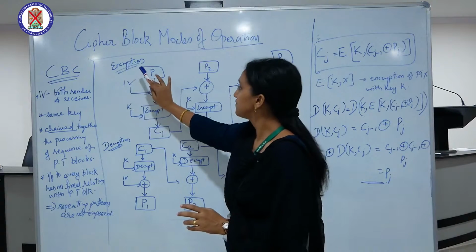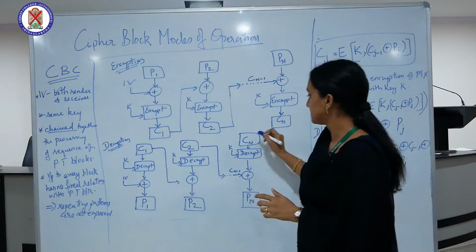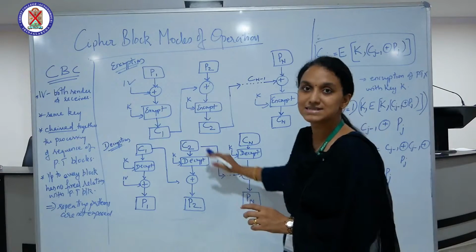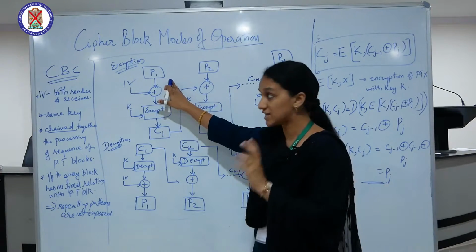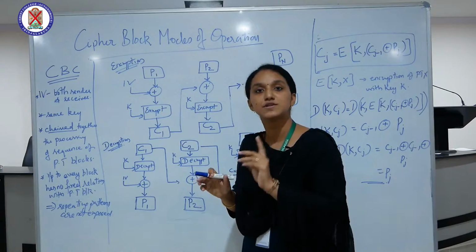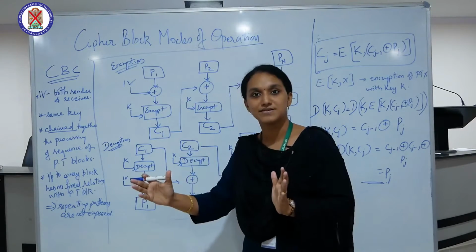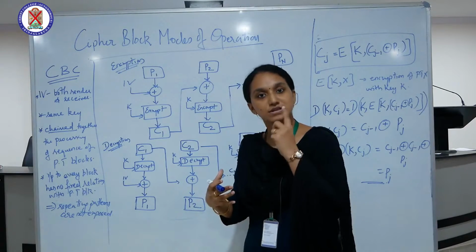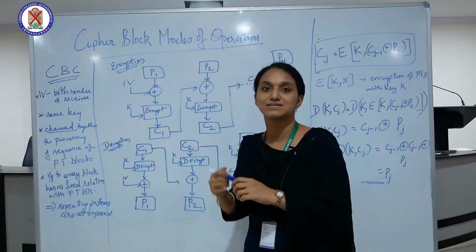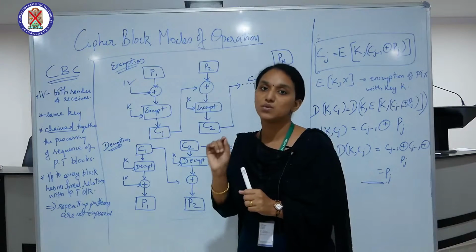So this is the encryption part till here, and then you have the decryption. Let's see what's happening in the encryption technique. You have the plain text with you. This plain text is the first unit of your plain text. I have a large plain text, and for example, I'm dividing it into 4 parts. So this is the first unit of my plain text, indicated as P1.